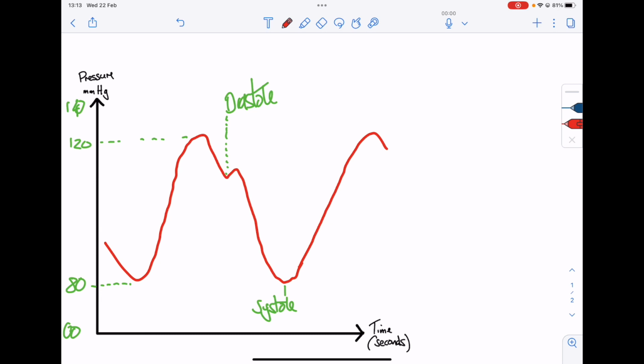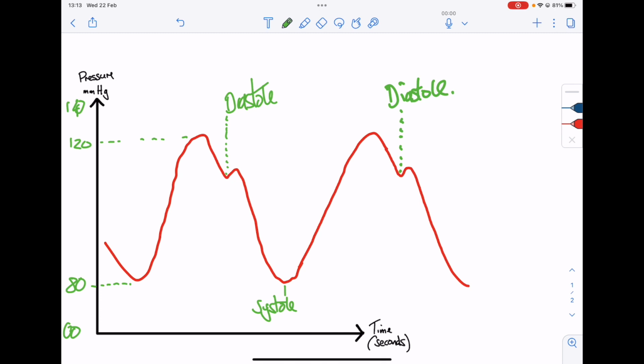By that virtue, just to make things a bit clearer for everyone, we'll just pop an extra line down in here. So we can say that diastole is also there. Lovely.